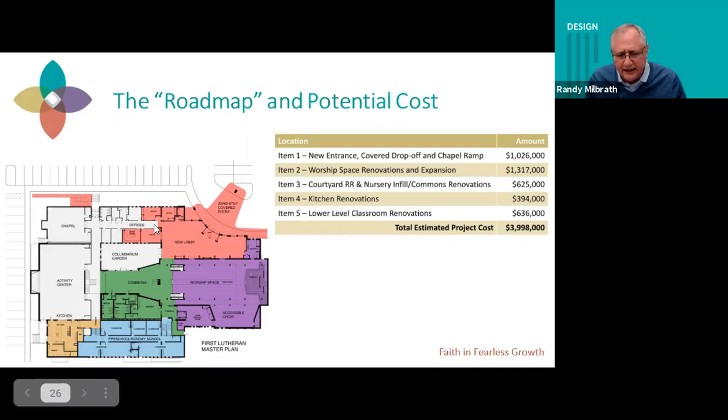So we did that. This plan, color-coded, showed all of the areas we were touching. Some of them were additions, some of them were renovations. And then we went through and identified those different items in terms of cost to implement.